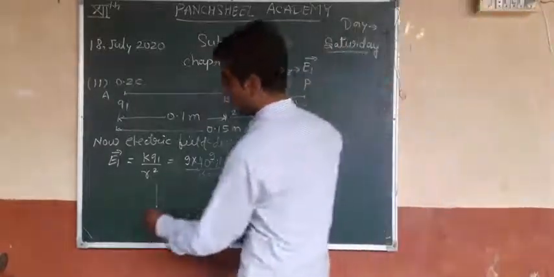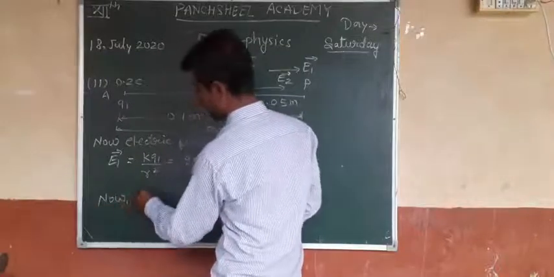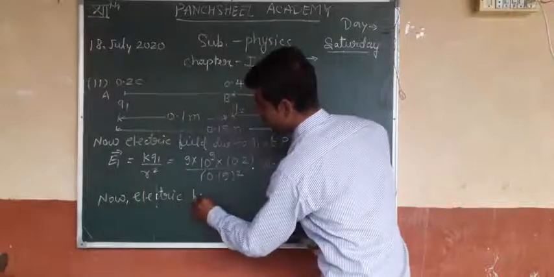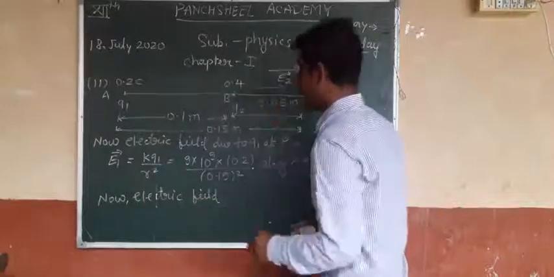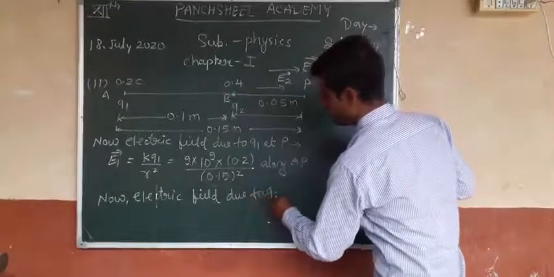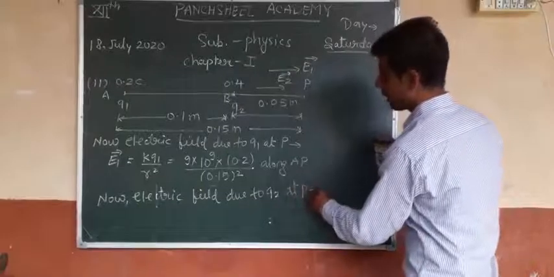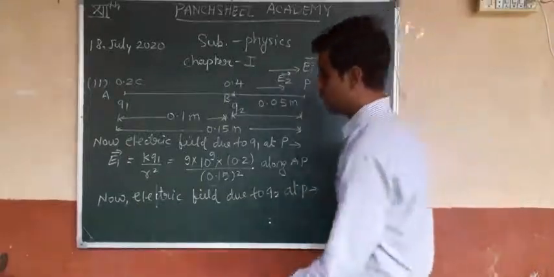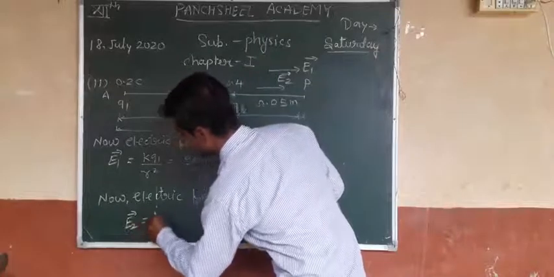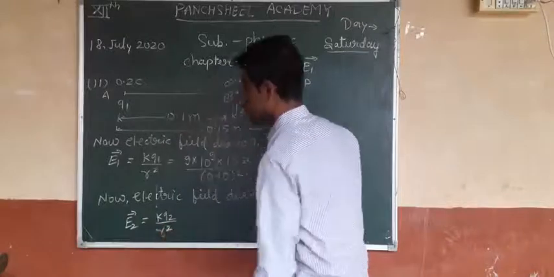Now the value of E2. Now the electric field due to Q2 at P, what is the value of E2 vector? It is K Q2 by R square.